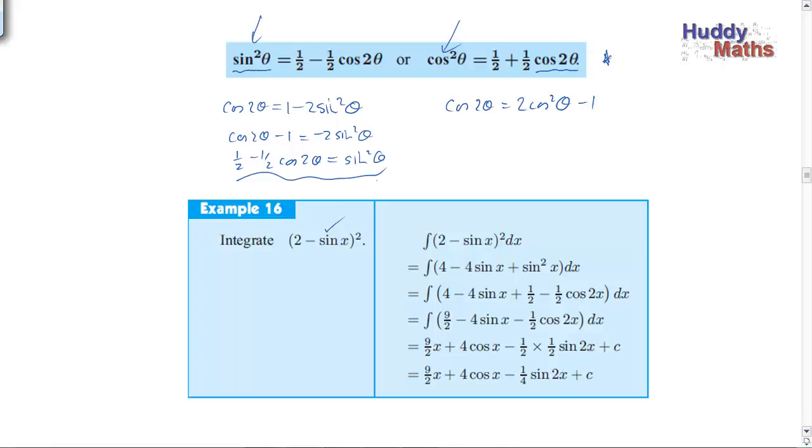Here's a function here. Now, the square of 2 take sine x, could that be produced by a single rule? No. We wouldn't see the rule there, so let's expand it. And we've got this, remember, a take b all squared. You need to have all these skills. Remember, a Huddyism is that maths learning is sequential and cumulative.